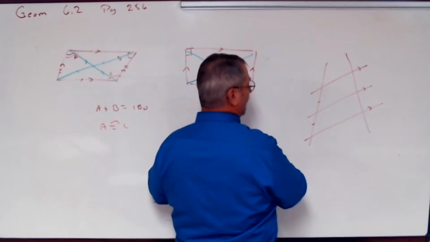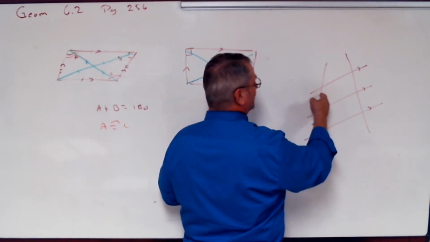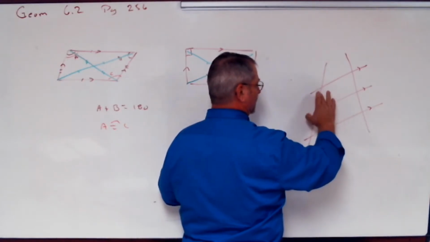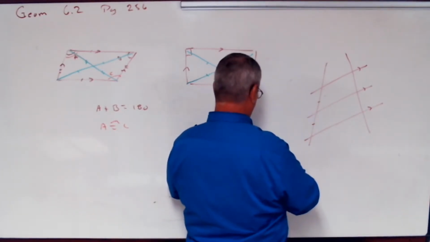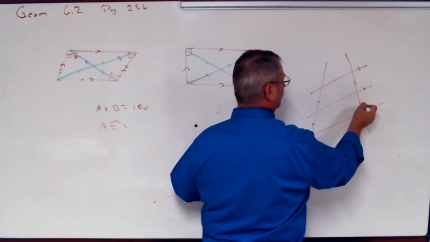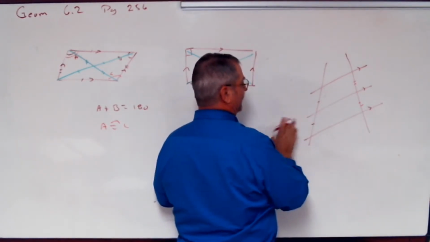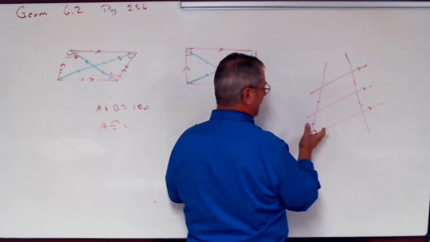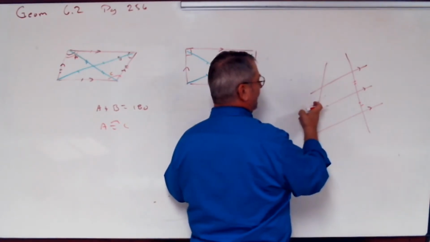They're just there. If this distance on this transversal is the same as this distance, if these two segments are congruent, then these are also congruent. And we know other things too, like this and this are the same, this and this are the same.